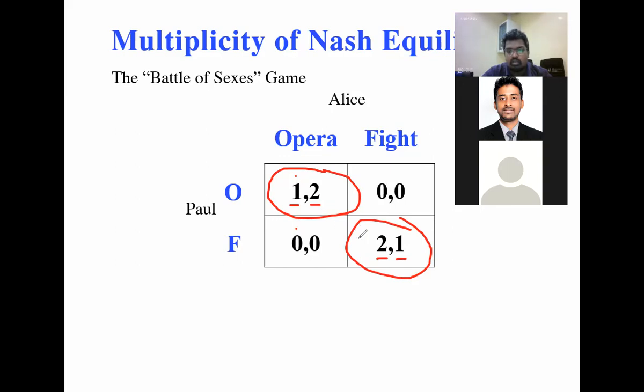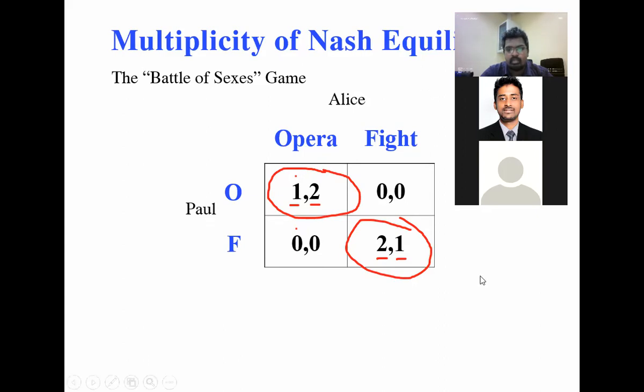You can read the whole story there and have a clear idea about why the numbers are put this way. But technically, if we use the same process for Nash equilibria, we have multiple Nash equilibria.